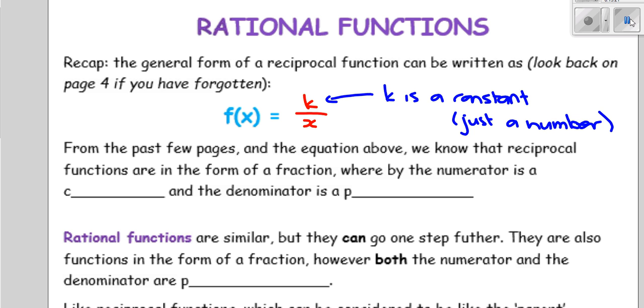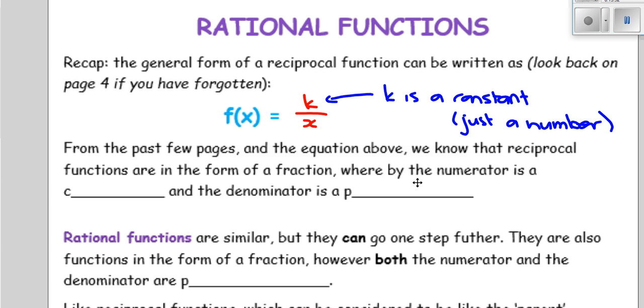All right, so the general form of a reciprocal function can be written as this. So k is just a constant. The denominator can be any kind of polynomial. So from the past few pages and the equation above, we know that reciprocal functions are in the form of a fraction, whereby the numerator is a constant and the denominator is a polynomial. So not restricted to being a linear function in the denominator.